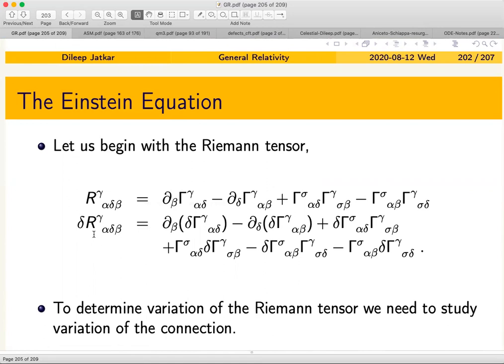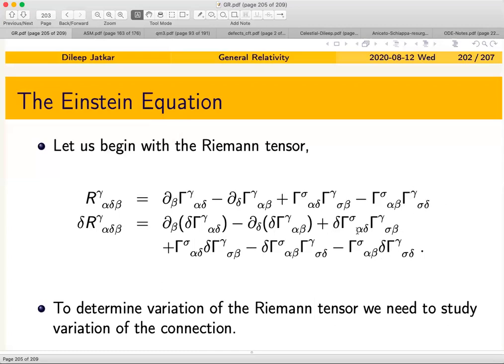Let's look at the variation of the Riemann tensor. That corresponds to variation of this gamma, or variation of this gamma, or variation of any one of these two. So either this gamma is varied, that is fixed, or this is fixed, sigma alpha delta is fixed, and gamma sigma beta is varying. Similarly, here sigma alpha beta varies, and in the second one you have a gamma sigma delta varying.